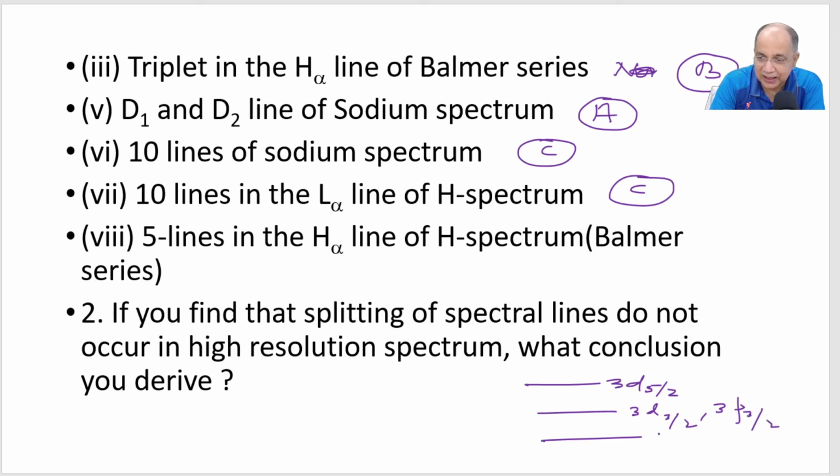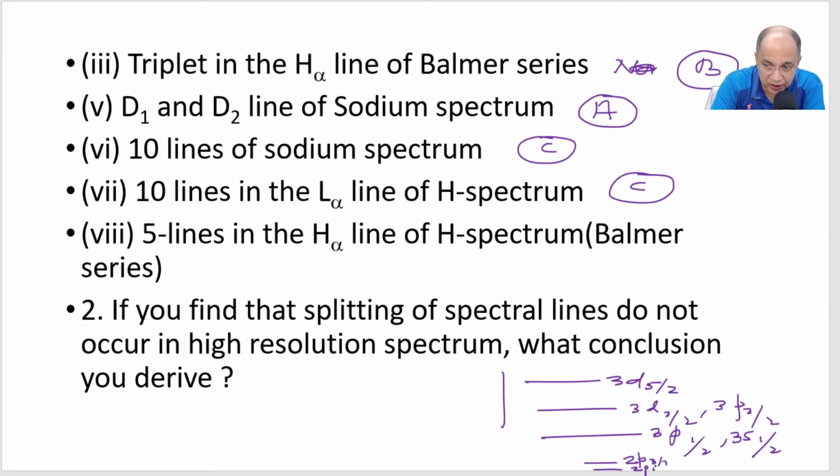This is 3p half along with 3s half, because there is no LS coupling in the s orbital, so only one. So these are the 3 non-degenerate states, and it goes to the second shell. This is 2p 3 by 2, this is 2p 1 by 2 as well as 2s 1 by 2.